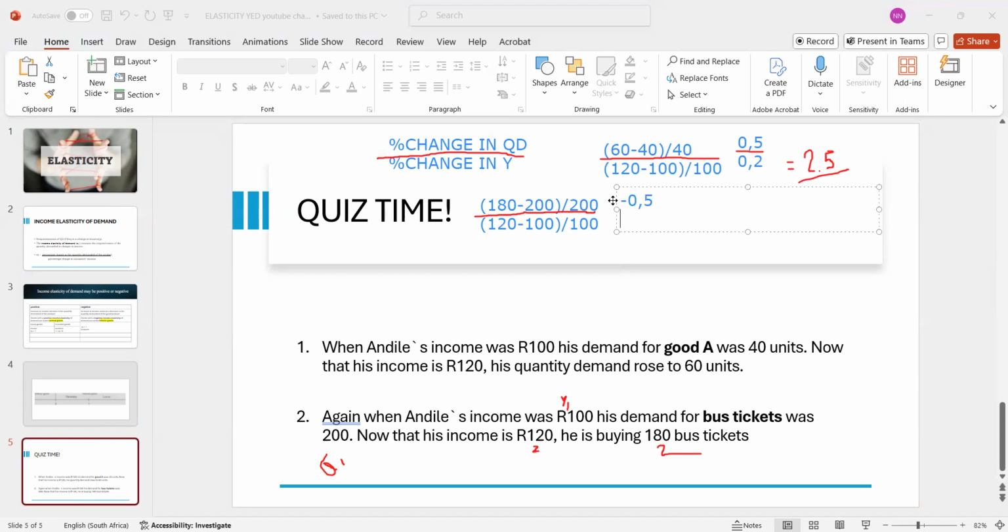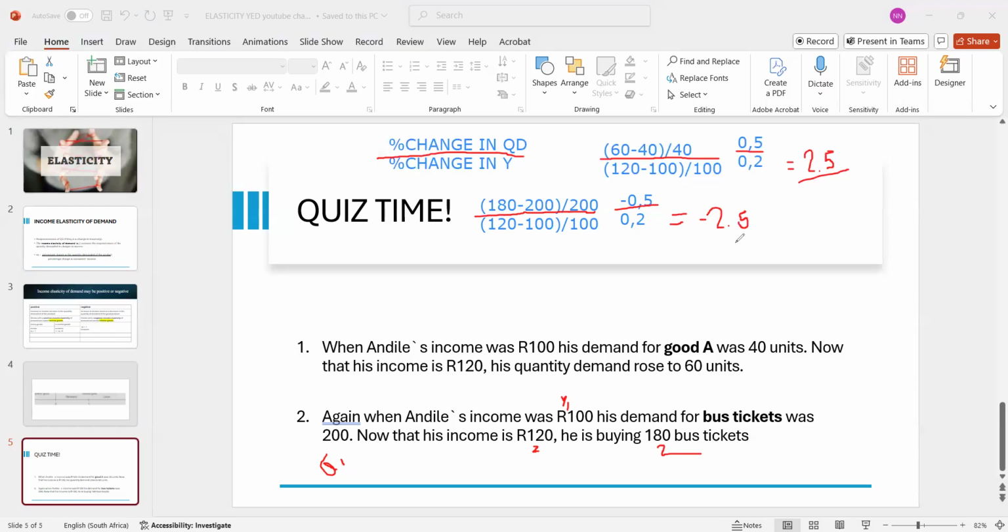So it's 0.2. So your change in quantity demanded is minus 0.5, and your change in income is 0.2. So negative 0.5 divided by 0.2, you get negative 2.5. So your answer here is minus 2.5.